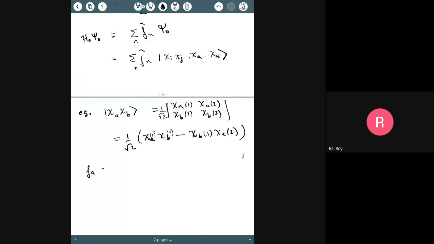The Fock operator is not labeled by spin orbital. Sorry, very sorry.